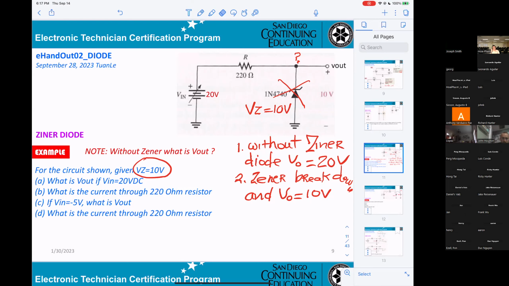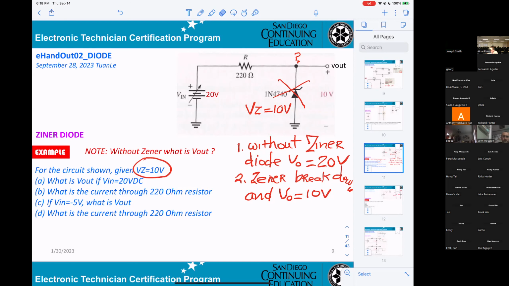Like in the computer, they're using 5 volts, so they must get the Zener for 5 volts. For some reason, if the voltage applied is higher than 5, they cut it down. Otherwise, the motherboard of the computer will be cooked. Okay. Now you understand why they need the Zener.